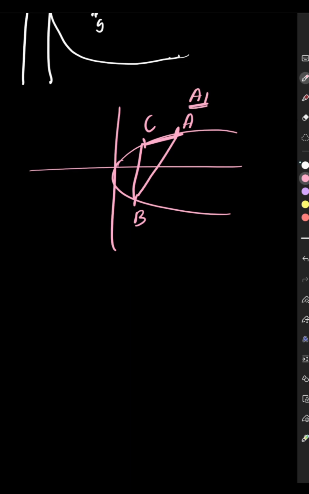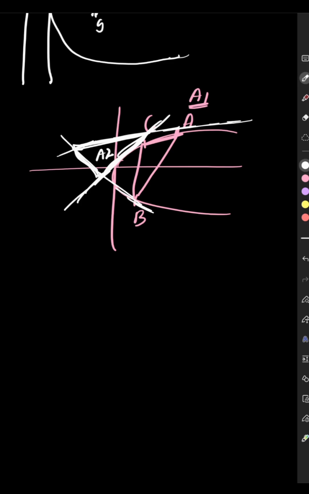Now we're going to draw 3 tangents at these 3 points, at A, at B, at C. I am very bad at drawing, so excuse me. So this is the triangle that's been made by their tangents. The area of this can be assumed to be A2. Now A1 is going to be twice A2. That's all I wanted to say.